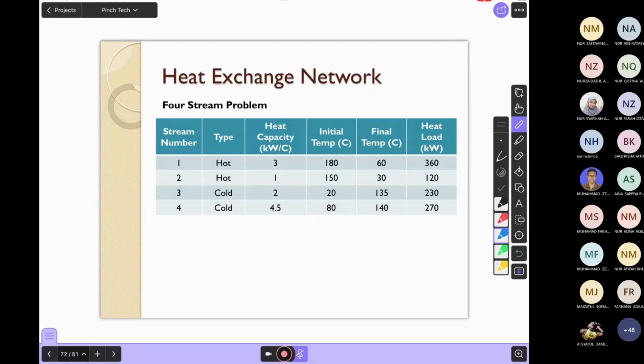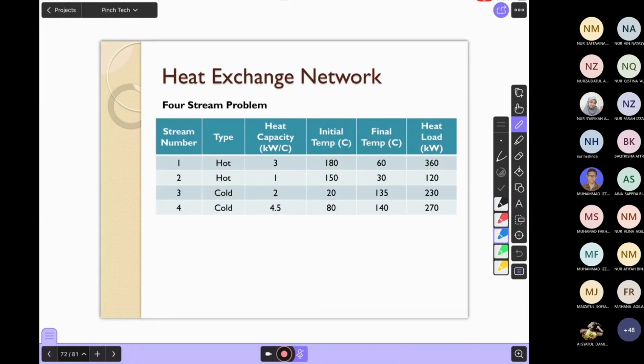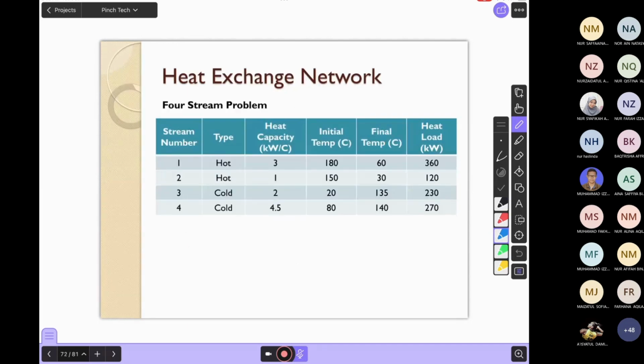This particular string, and the objective is for you to draw this particular diagram to know how much energy is required for each stream, and definitely you need to know how to calculate this heat energy load.